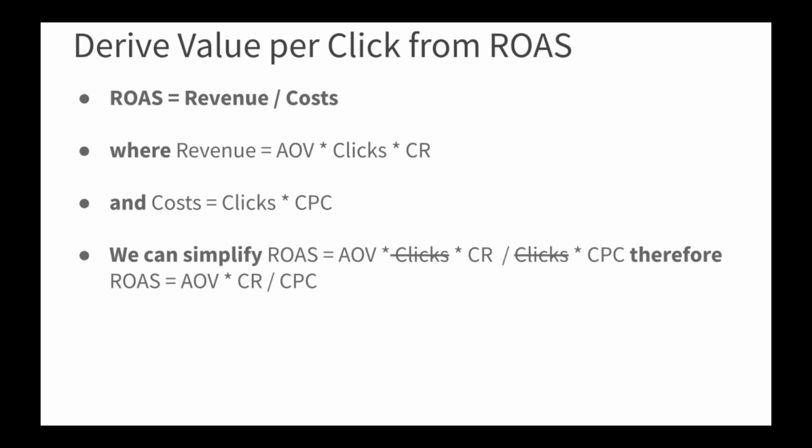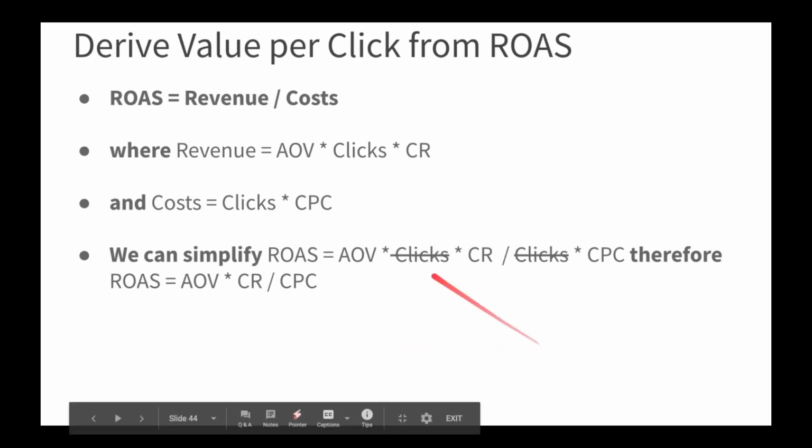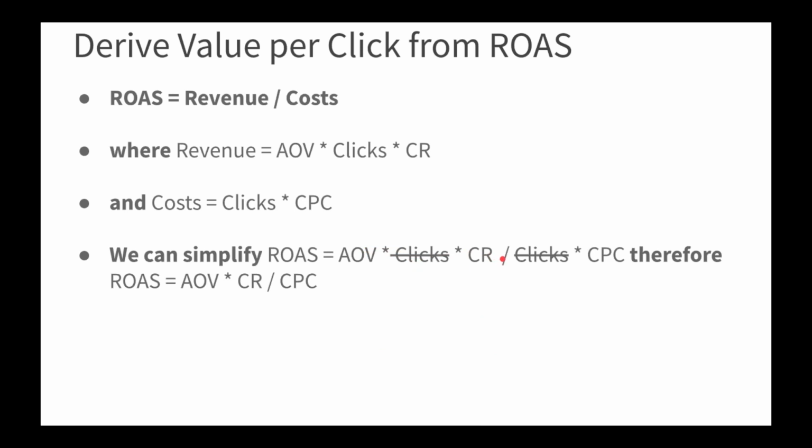So if we put everything together, we can simplify things, and we can see that ROAS could be seen as average order value multiplied by clicks and conversion rate, divided by clicks multiplied by CPC. Therefore, ROAS can be seen as average order value times conversion rate divided by CPC.